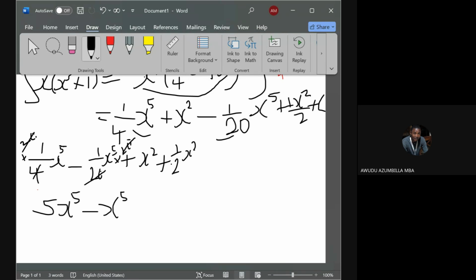So we are going to get plus 2x squared plus x squared, because we multiply here by 2, here by 2.